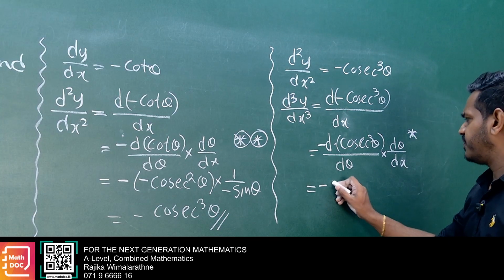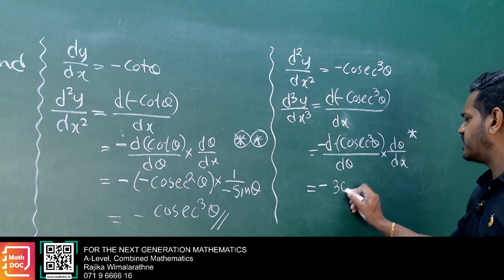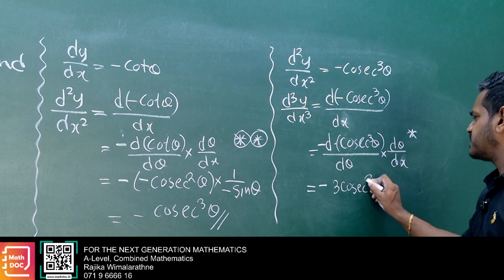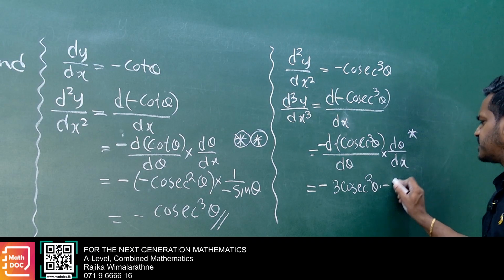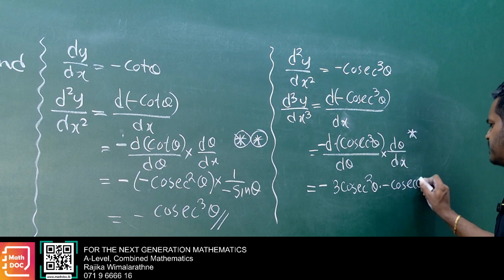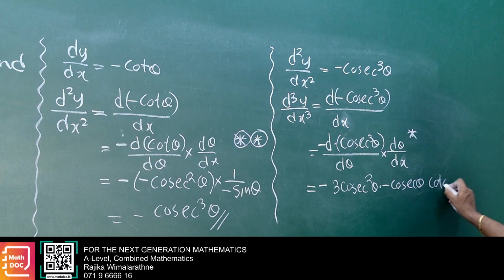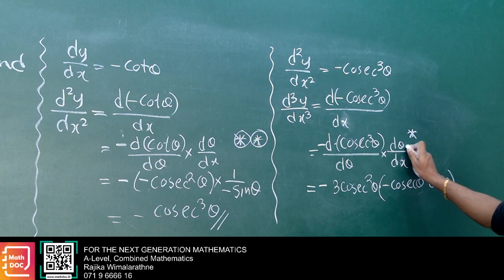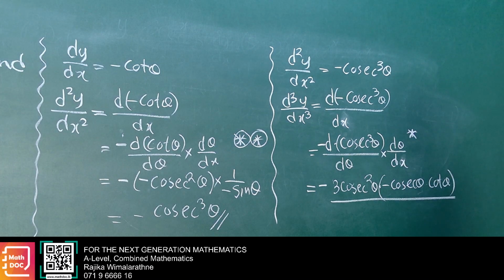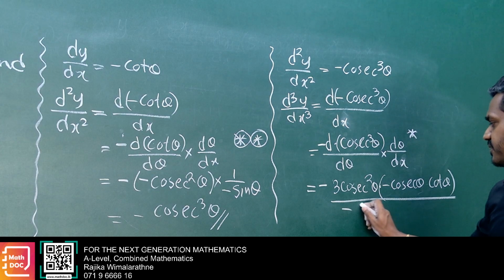Cosec cube gives 3 cosec squared theta times the derivative of cosec, which is minus cosec into cot. Then d theta over dx is 1 over minus sin theta.